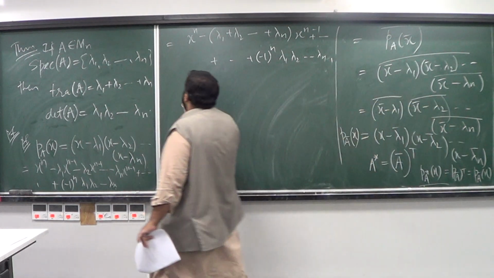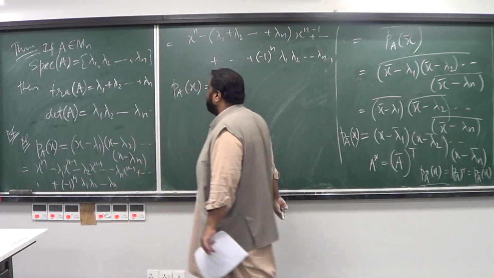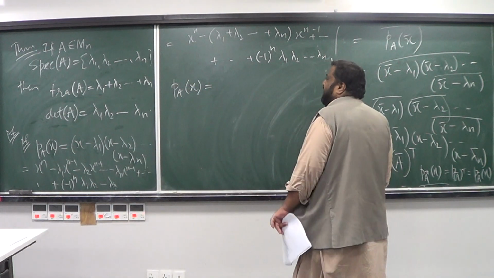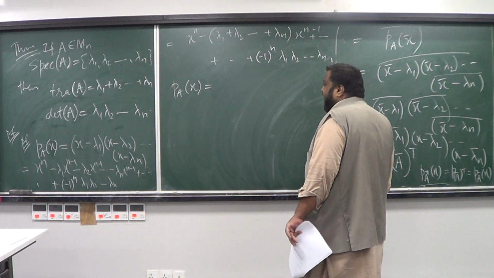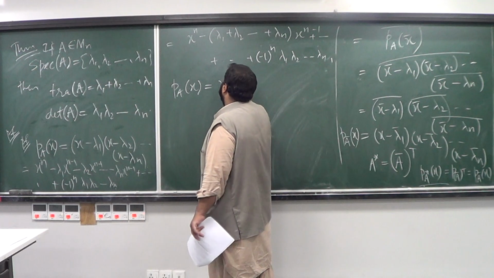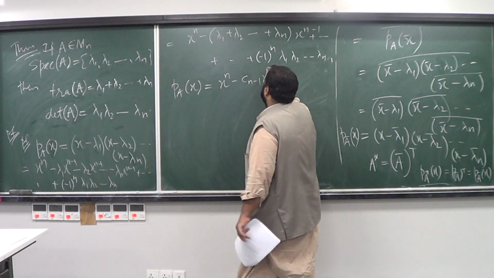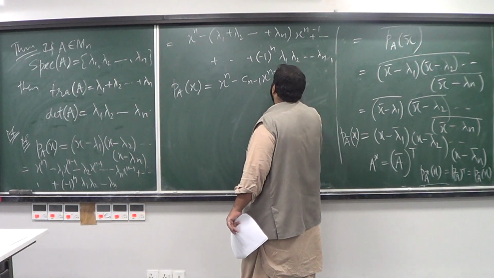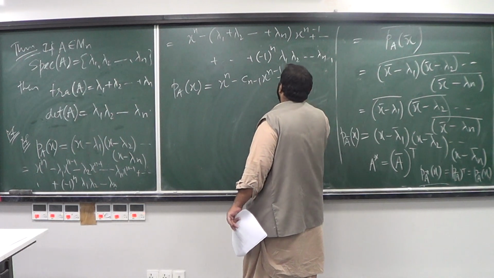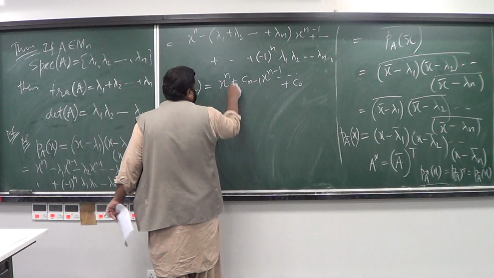Now we also know, from the beginning of this discussion, that for the matrix A the generic form goes like this: x power n minus c n minus 1 x power n minus 1, and so forth, plus c naught. And you remember what c naught was?